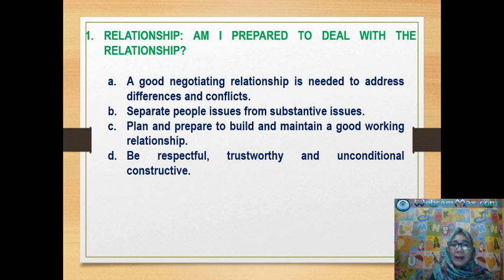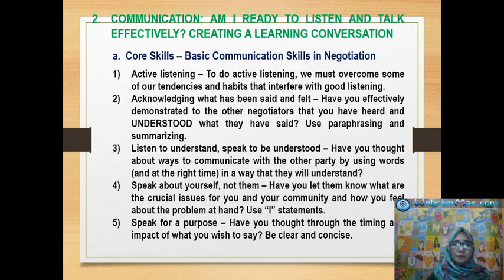C. Plan and prepare to build and maintain a good working relationship. D. Be respectful, trustworthy, and unconditionally constructive. Next. Second, communication. Am I ready to listen and talk effectively?